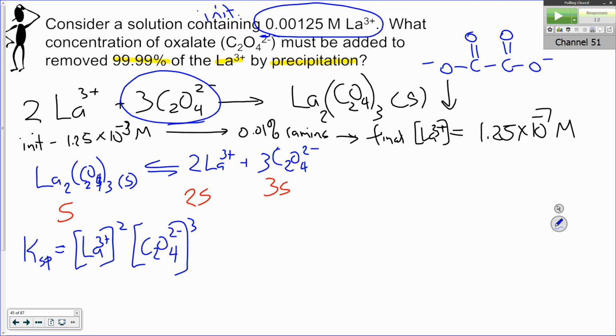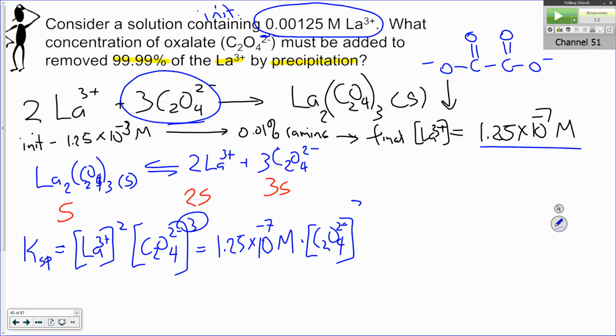Well, what do I know? I know that the lanthanum concentration needs to go down to this value, 1.25 times 10 to the minus 7th molar. And what I'm looking for is the oxalate concentration. Just the same way as we did on the other one, even though we're looking for the concentration, that cube power doesn't go anywhere, so it's that cube.